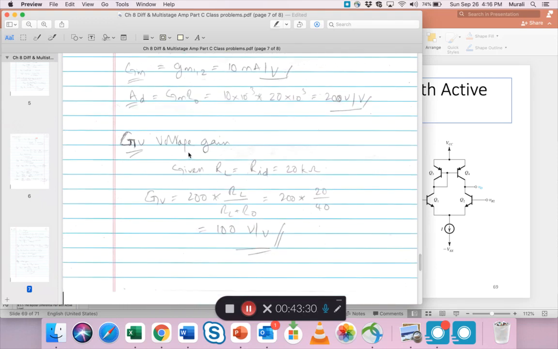The voltage gain given RL equals RID equals 20. So I guess the point being made is the input resistance of the next stage is the same as the input resistance of this stage, which are both 20K. If that's the case, then what is the voltage gain?